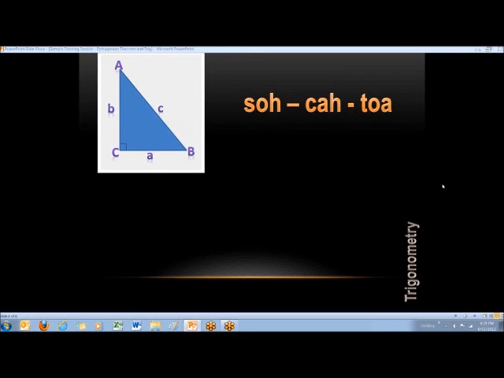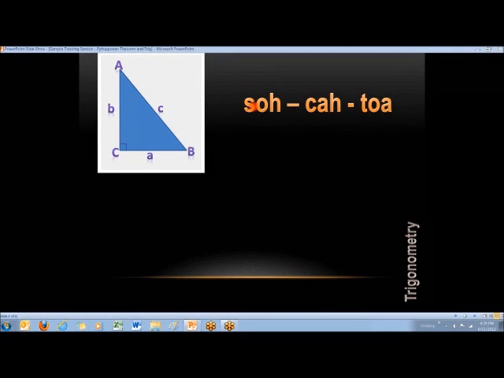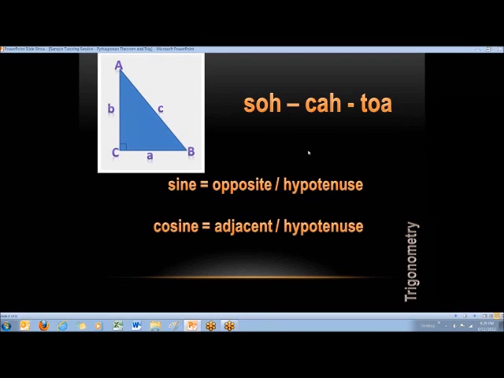The second one is cosine, which is adjacent over hypotenuse. And the third one is tangent, which is opposite over adjacent. Exactly. Those are the three primary trig functions.